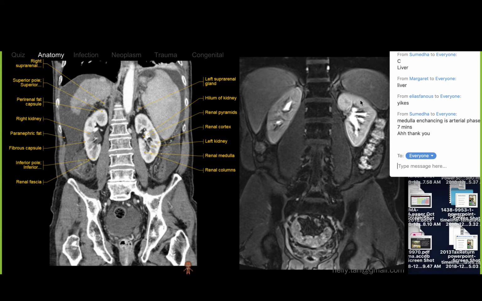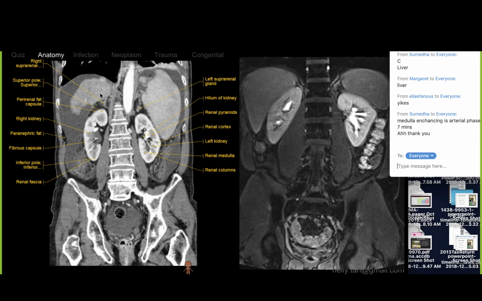So by the time we image, the initial contrast bolus is in the excretory phase, and then the second contrast injection is in the venous phase, nephrographic phase. That way we only have to scan the patient one time instead of 2 times. So you cut the radiation in half. So we call it split bolus CT urogram.